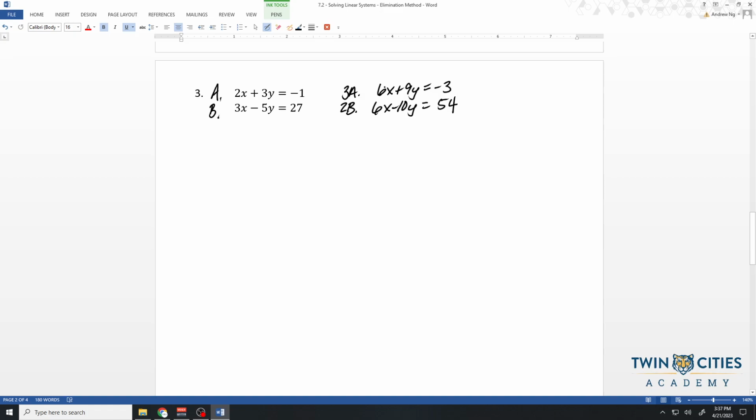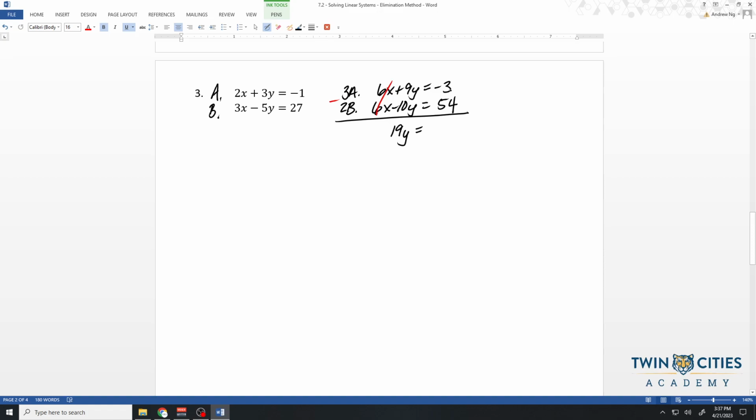Now the coefficients on the x match. They're the exact same. So I can go ahead and subtract these equations. 9y minus negative 10y, subtracting a negative, that'll be 19y.